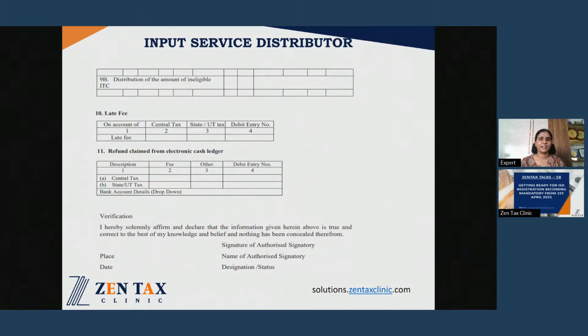So this is the return, and finally the late fees will be calculated from the portal, and table 11 will be the refund claimed, if any, from the electronic credit ledger. So this is the format of the return which is required to be filed with respect to ISD, form GSTR 6.